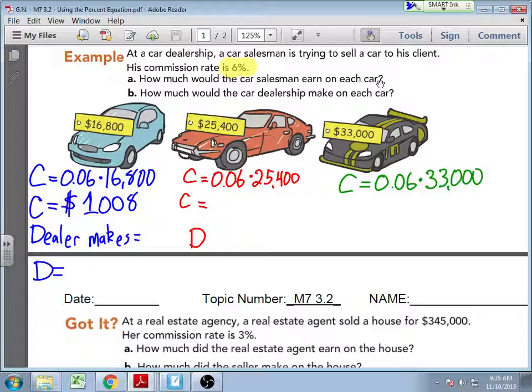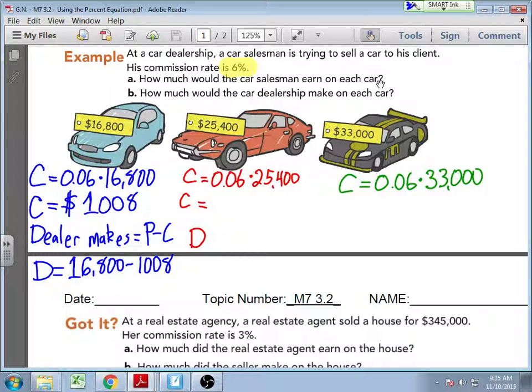So you subtract the original amount by how much the car dealer makes. An easy way to remember how much the dealer is going to make is the price of the car minus the commission.